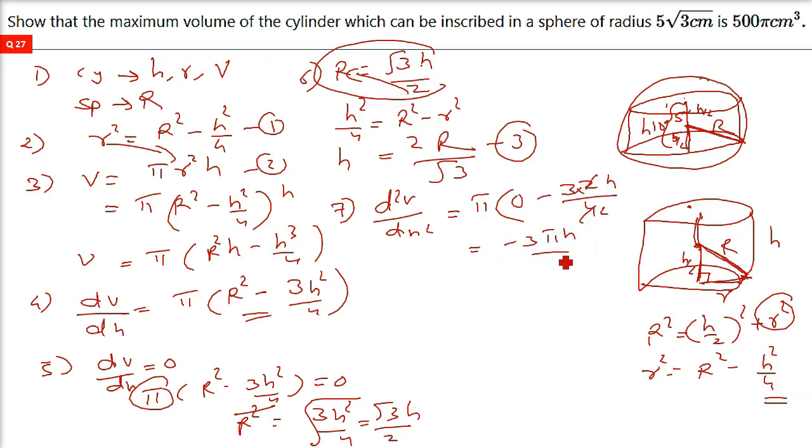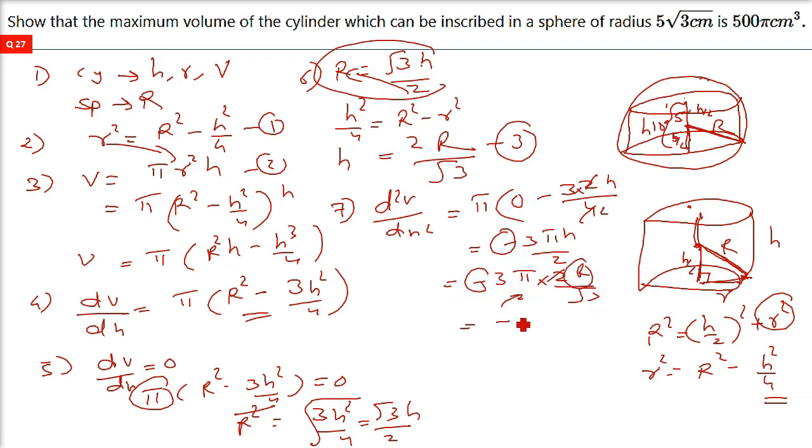It is going to be negative because all other components cannot be negative at all. So 2R by root 3 can be written in place of h, but you don't have to do that because you know it is negative, so you know that you're talking about maximum volume. So this is the maximum volume.